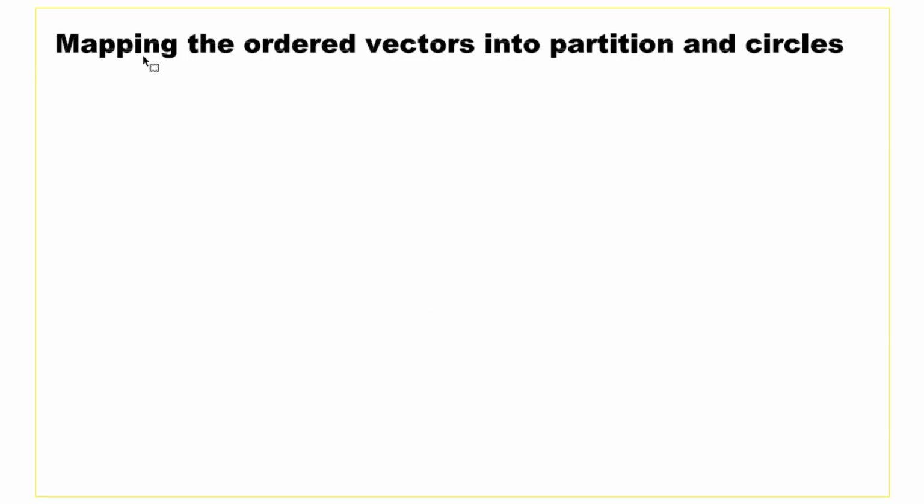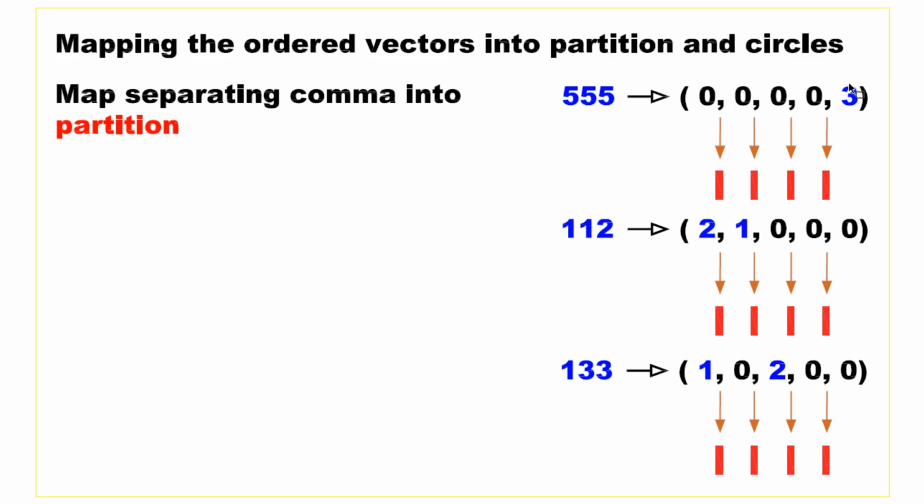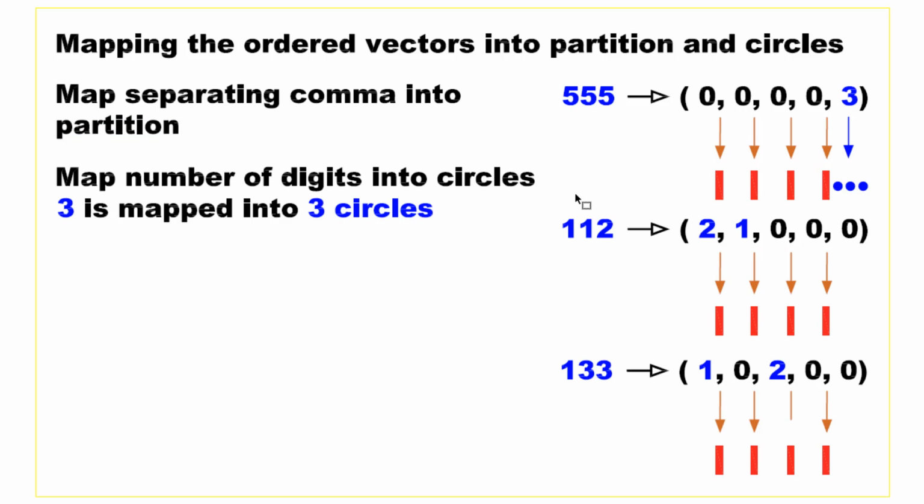So now we are going to map ordered vectors into partitions and circles. What is the reason for that? We will see soon. So all these sequences are mapped into vectors. The first step is to map the separating comma into partitions. So for each comma we have a corresponding partition now. And the second step is to map the number of digit occurrences into circles.